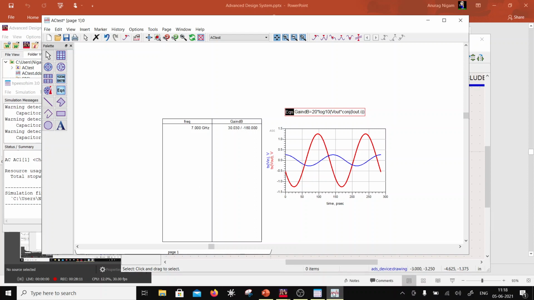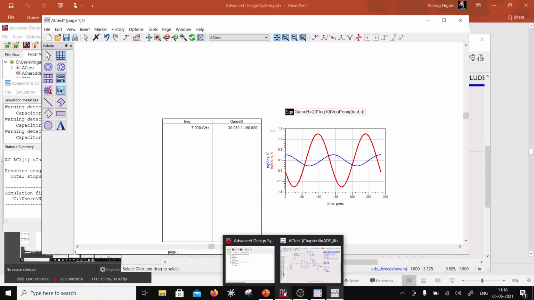Let me go to the presentation because the gain is not 30 dB. Gain of this is around 10, 11, 12 maybe. So let me see what happened.